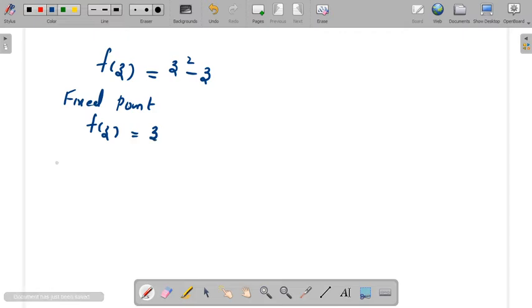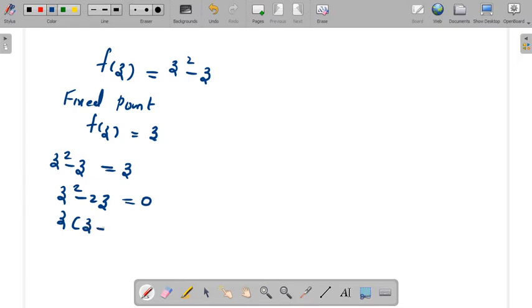So here the map is z square minus z, which should be equal to z. In other words, z square minus 2z should be equal to 0. Taking z as common, we can write z into z minus 2 equal to 0, or z is equal to 0 or z is equal to 2.